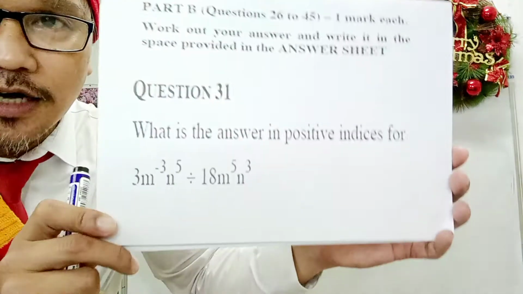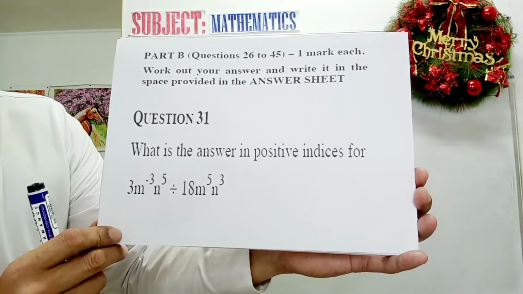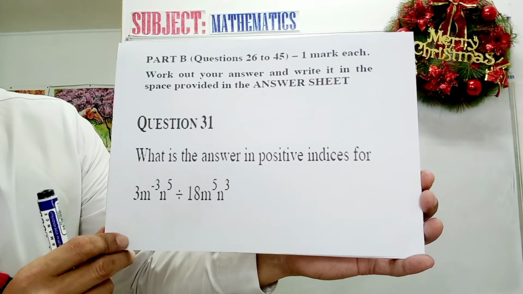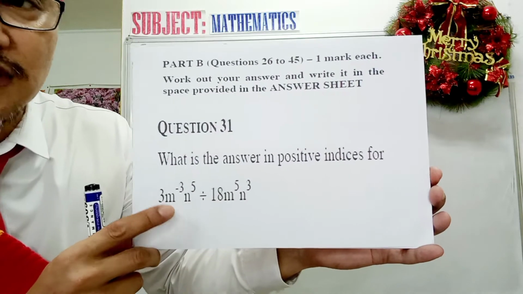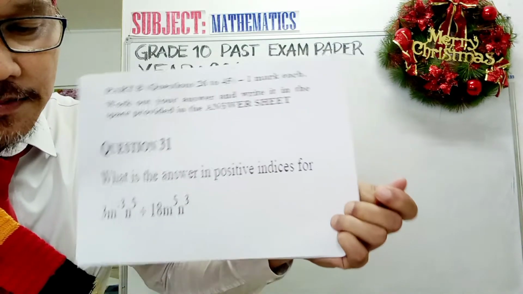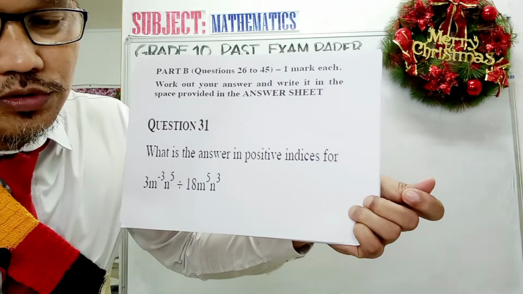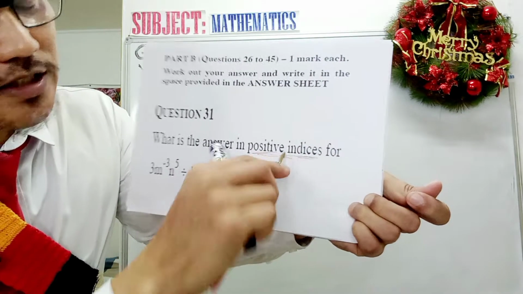Question 31 is asking: what is the answer in positive indices for the given index expression? It is highlighted that you need to give your answer in positive indices.